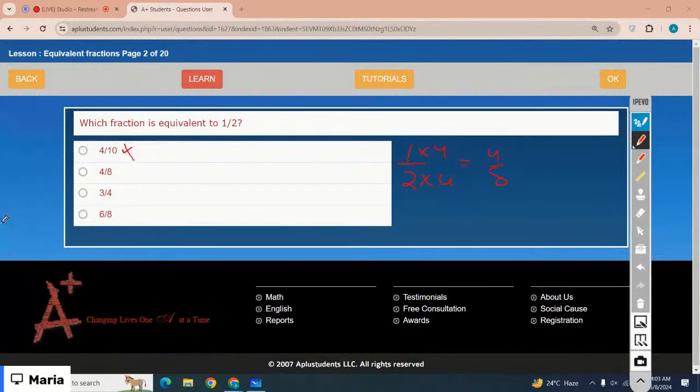Here you have 4 over 8. Look, you multiplied both numerator and denominator by the same number, so the correct option is 4 over 8. Got it?